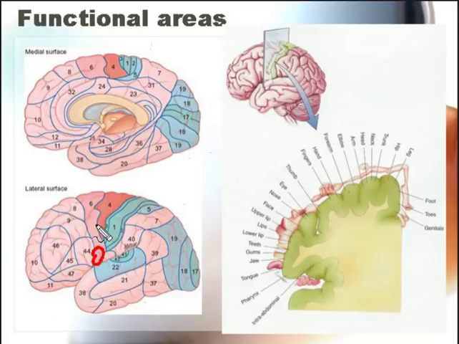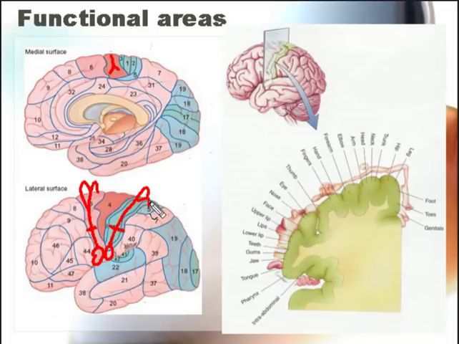Then you have the neck and the upper limbs, then the lower limbs, and the legs and the perineal area are represented on the medial aspect up here in this paracentral lobule. So here we have the upper limb. The same thing this way. So the perineal area, the legs and the feet are represented in this paracentral lobule.